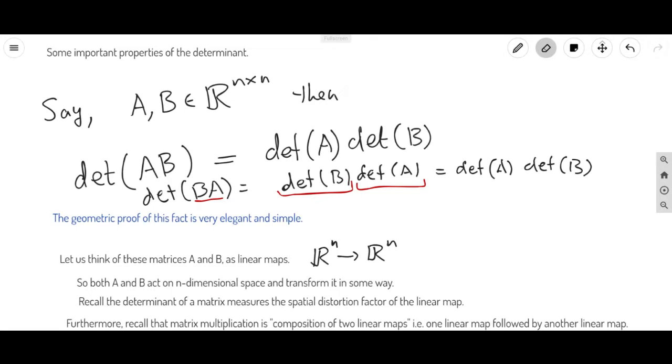Let's also say something about invertible matrices. That's another important property.